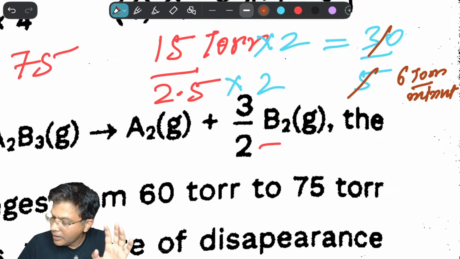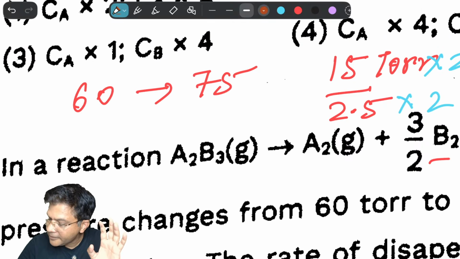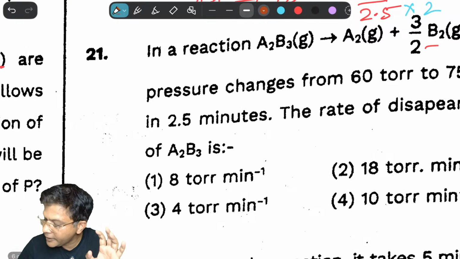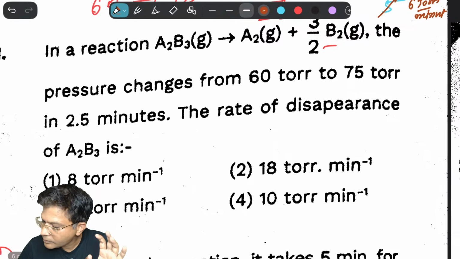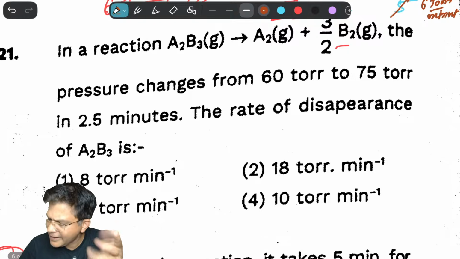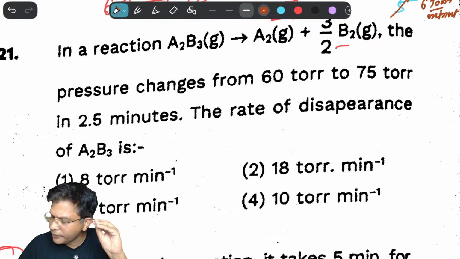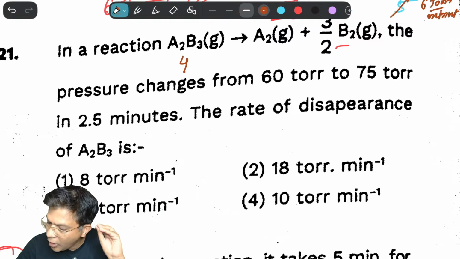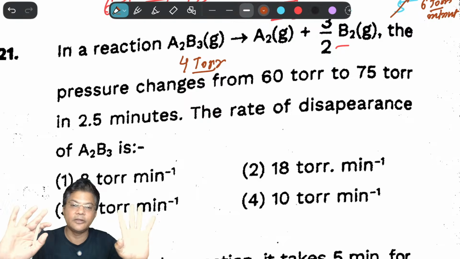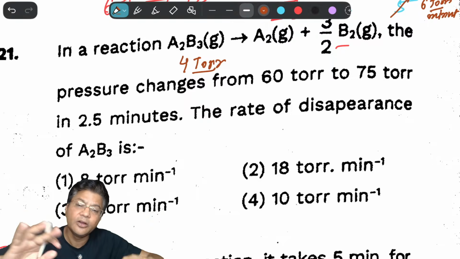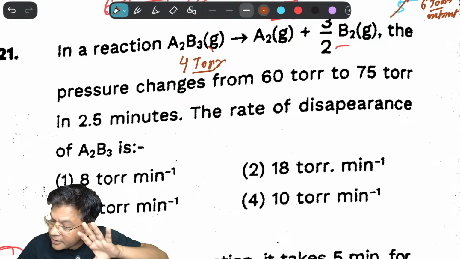Now, if I take the initial concentration of A2B3, anything I can take. Out of that, 4 torr of pressure is getting decreased, whatever the atmospheric pressure is, it doesn't matter, 4 torr is getting decreased.